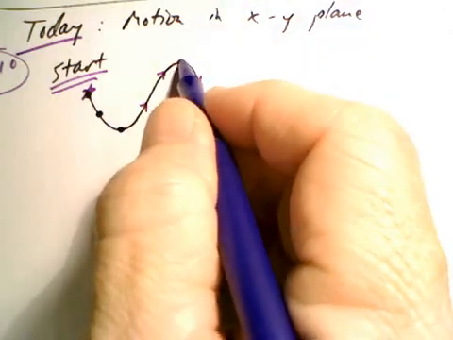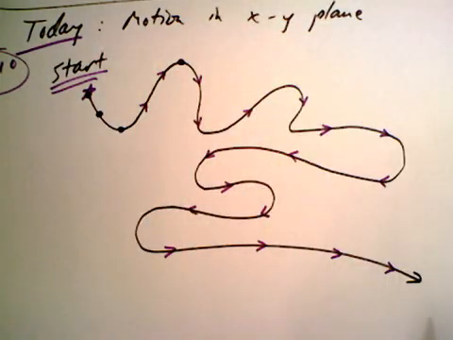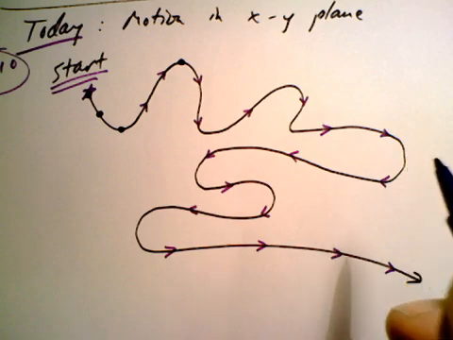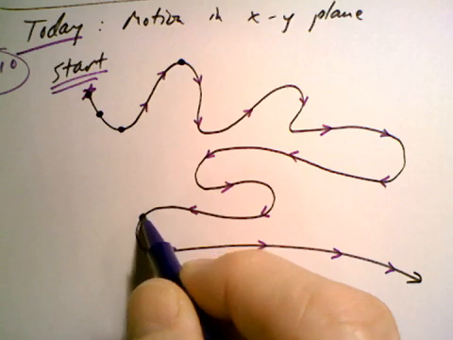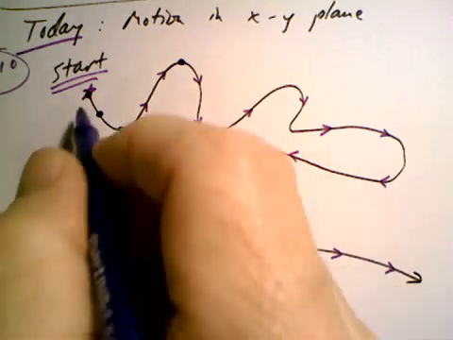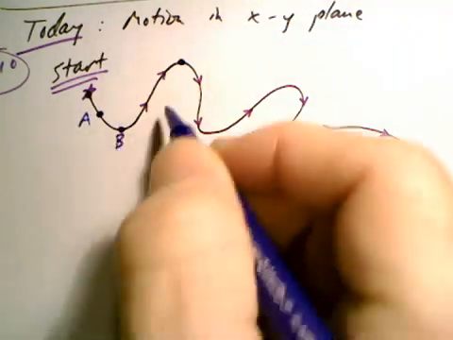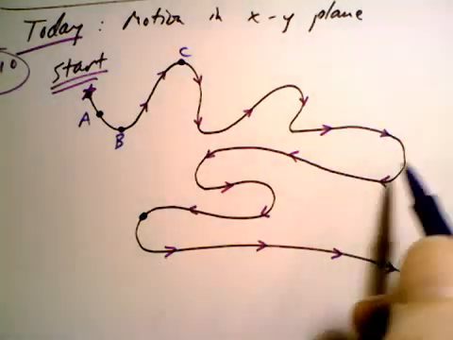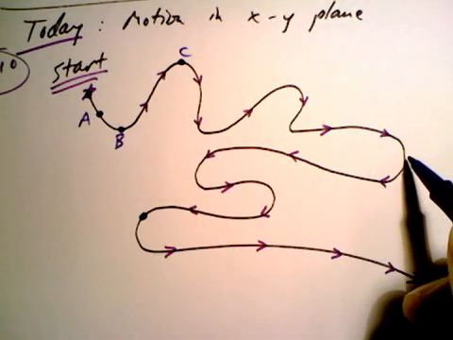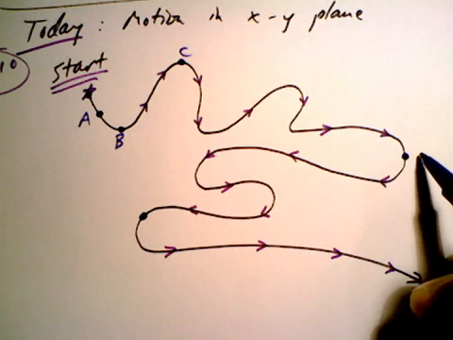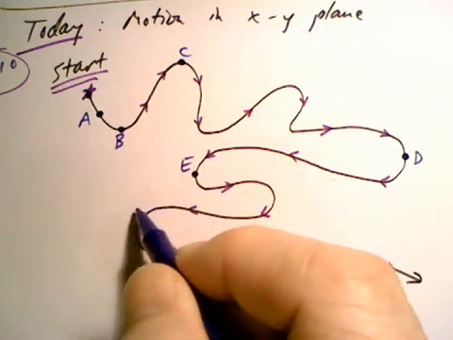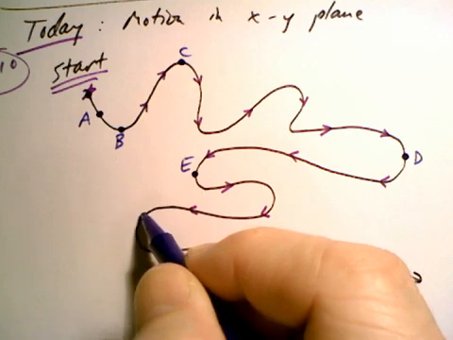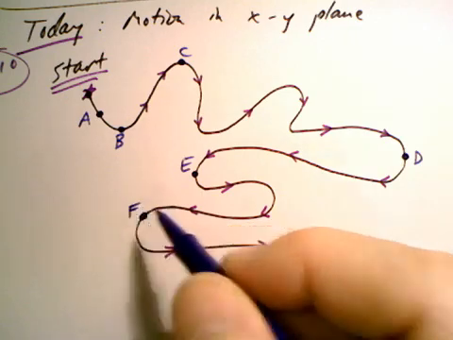Let's put another point up here at the uppermost point, and another key point would be something along these lines right here, and we'll talk about that in a second. Let's label these A, B, C, and we need to make sure we put another point over here, the rightmost point, that's D, the leftmost point here, E, and then a point that's not a highest or lowest point, and we're going to call it F.